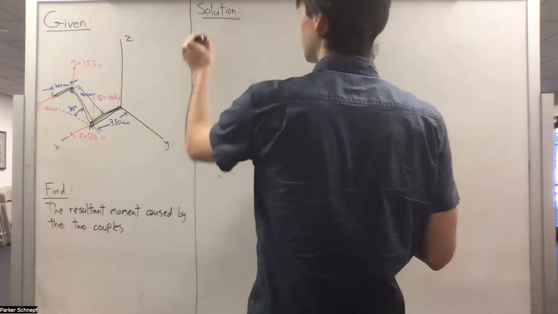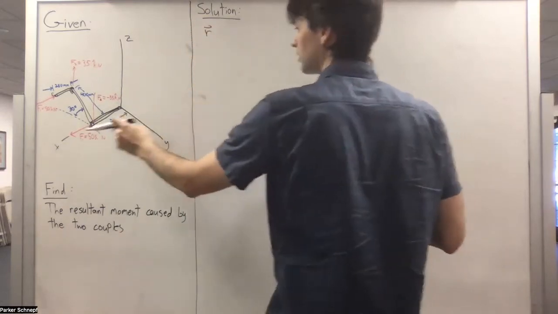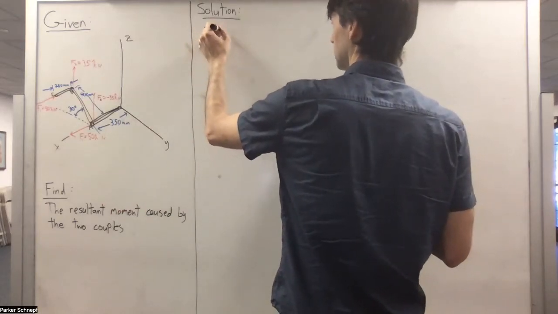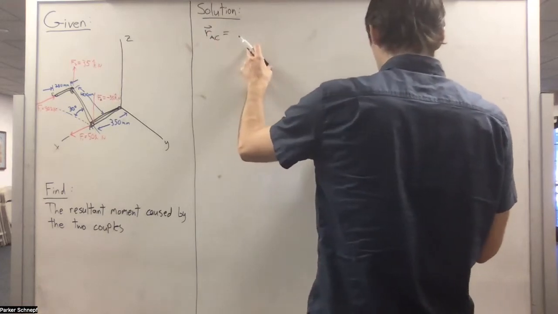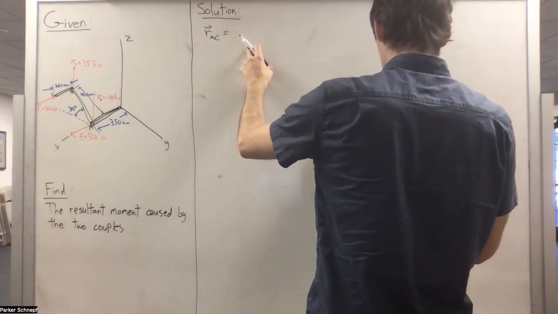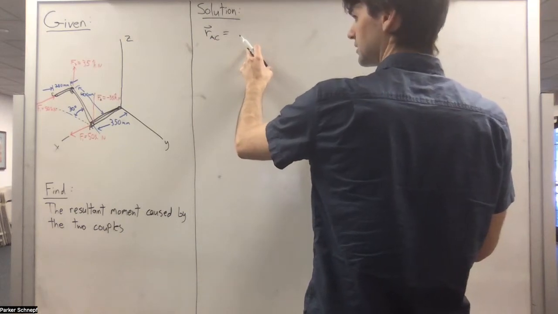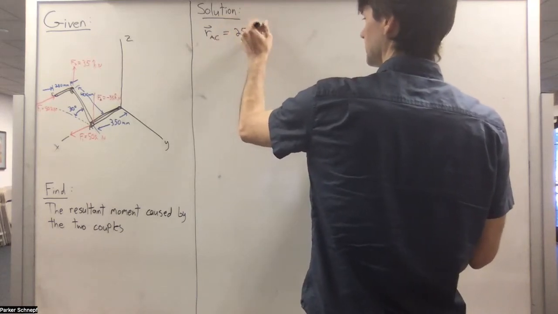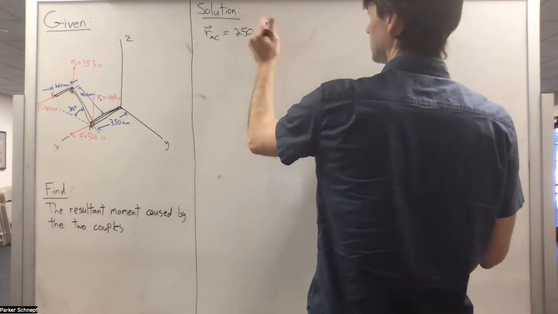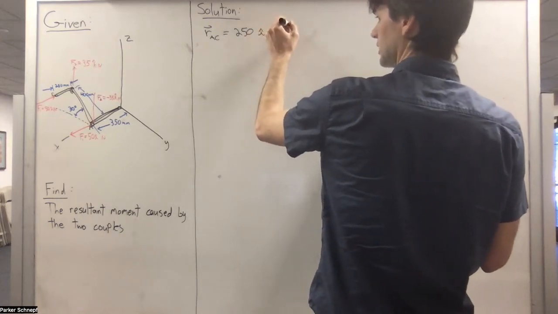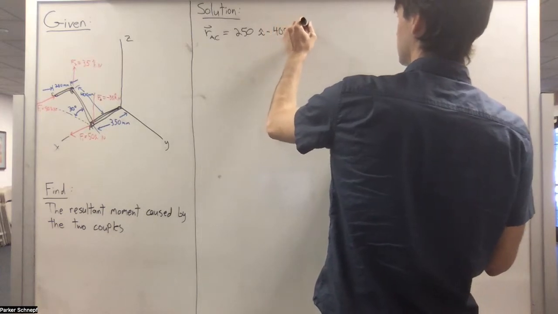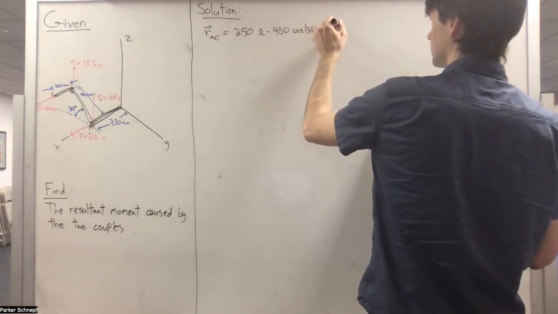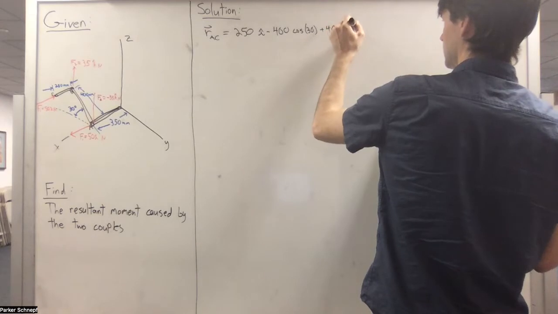To do that, I'm going to find the position vector from either A to C or C to A. I'm going to do A to C. When I do that, I get 250 in the x direction. In the y direction, it is minus 400 cosine 30. And in the z direction, it is plus 100 sine theta.